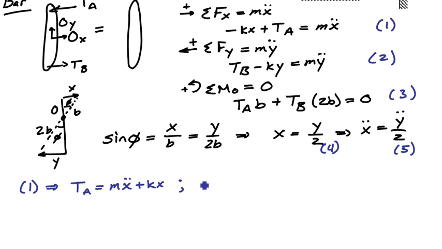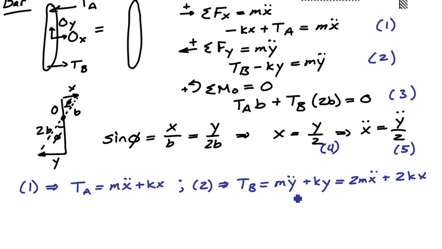I can then take equation 2 and note that TB is equal to m y double dot plus k times y, which by equations 4 and 5 is equal to m times 2x double dot. So I'll write that as 2m x double dot plus 2kx, substituting in, of course, for both y double dot and y.